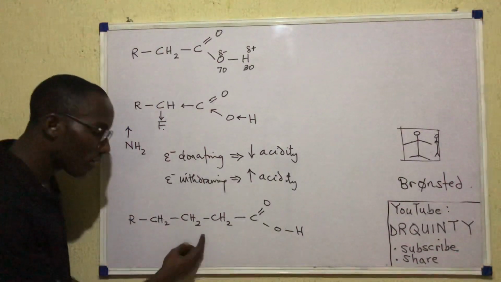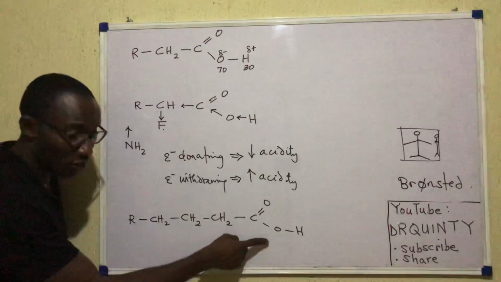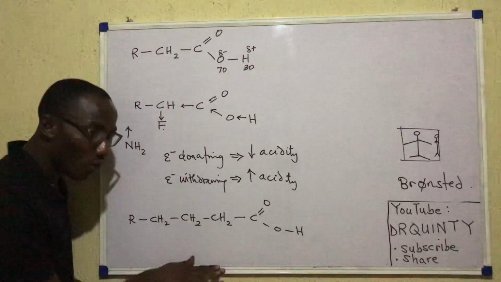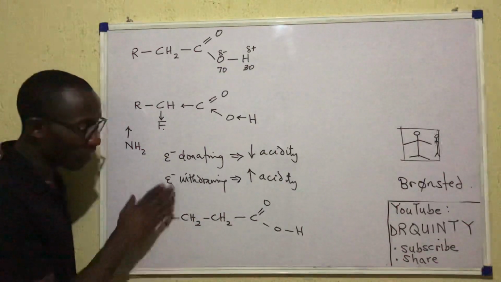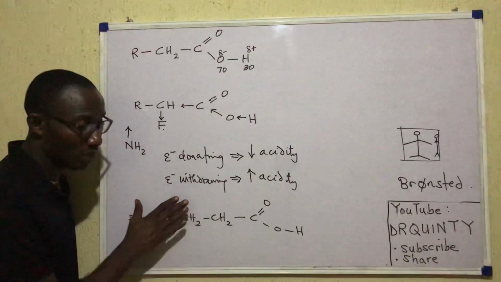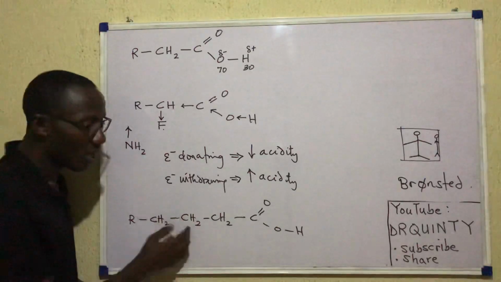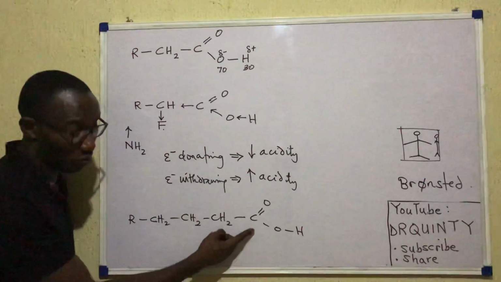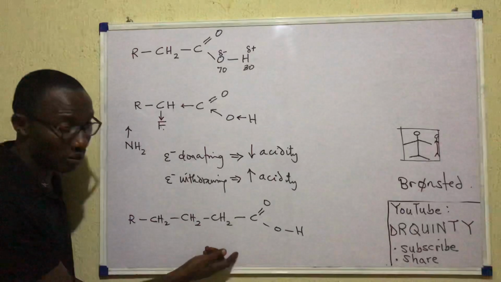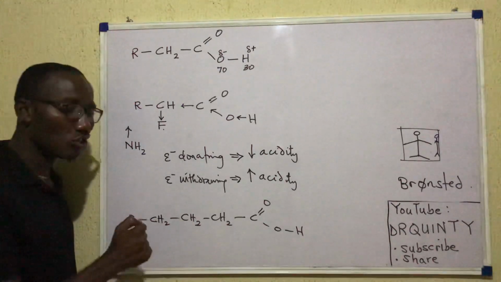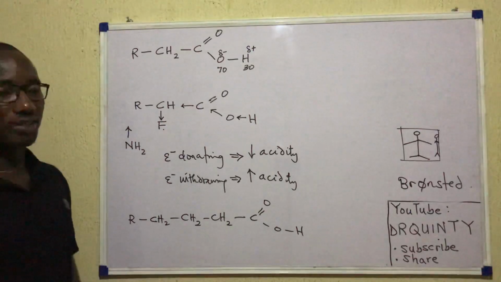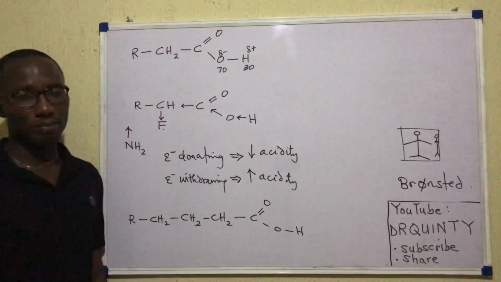So the further your F from the COOH group, the lower its impact on level of acidity. So in fact, whether the group is electron donating or electron withdrawing, if it is too far from the COOH, its effect will just die away. But when it is very close, then it has a stronger impact on the COOH group.